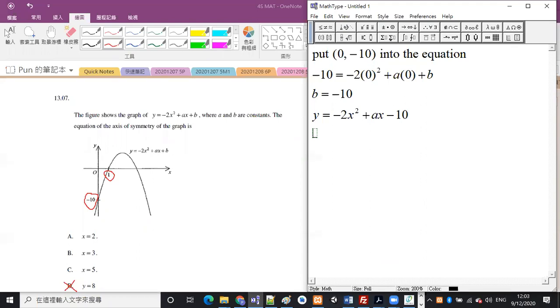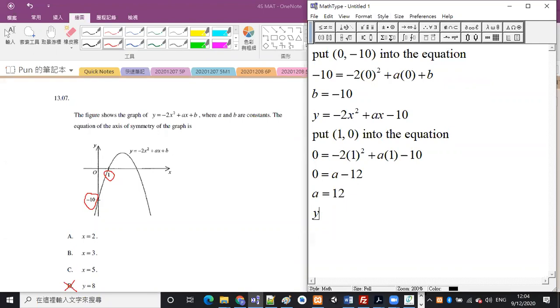But we will just consider this as a point with coordinates 1, 0. And it is a point lying on the graph, so we may put 1, 0 into the equation. Okay? And then 0 is equal to -2 times 1 squared plus a times 1 minus 10. 0 is equal to a minus 12, so a is equal to 12. Can you get this?